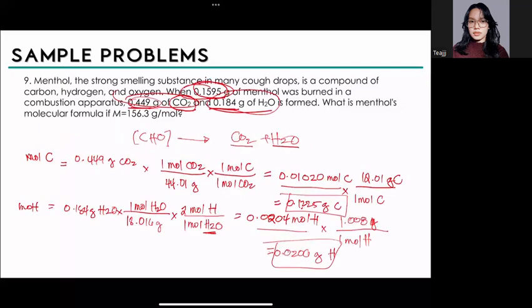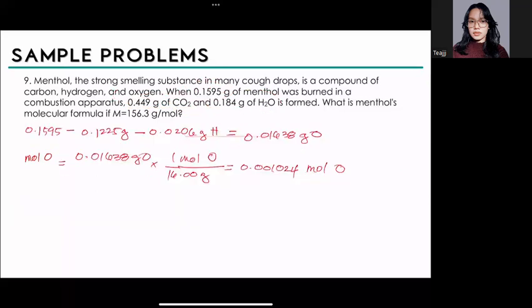Because here, for carbon, you have 0.01020, for hydrogen you have 0.0204, and for oxygen you have 0.001024. So we'll divide by the smallest molar value. 0.01020 over 0.001024 will give you 10, or around 10 anyway. You can just round it up because it's very close to 10.